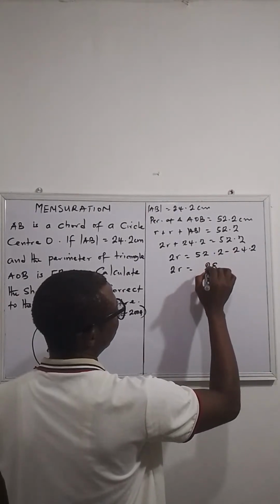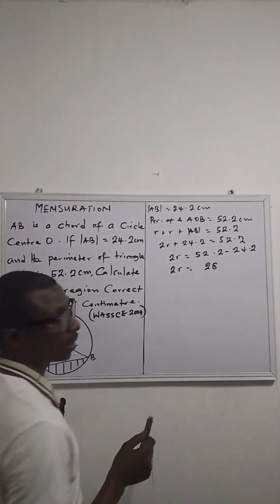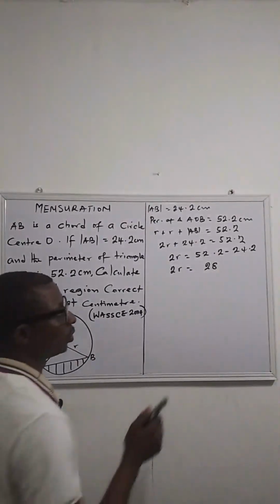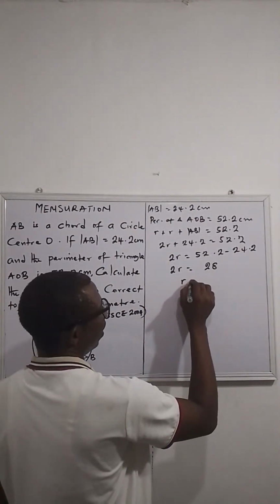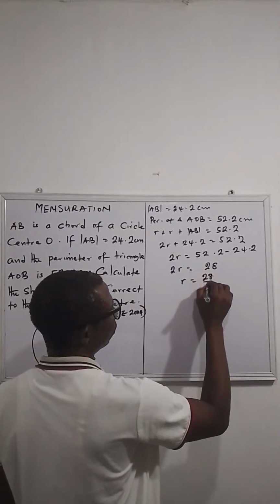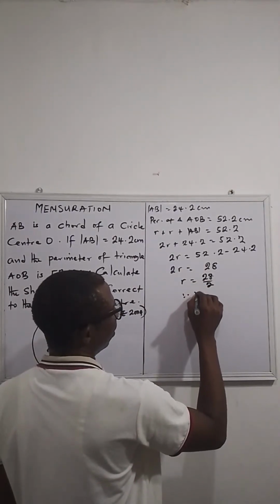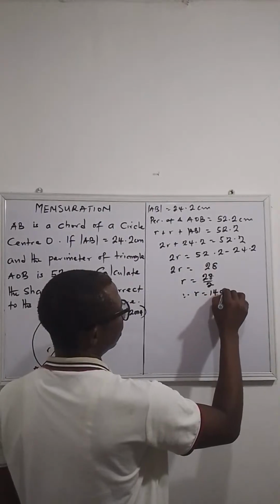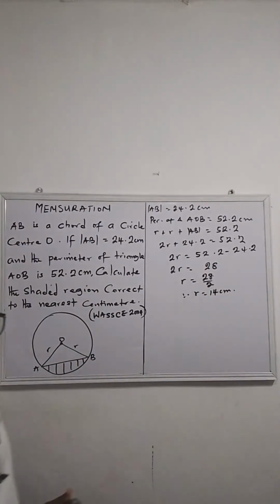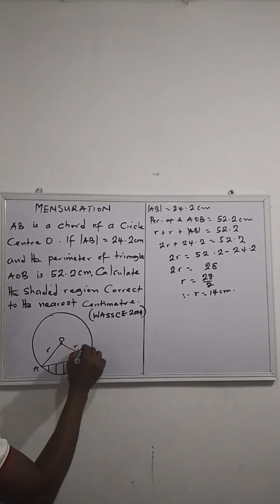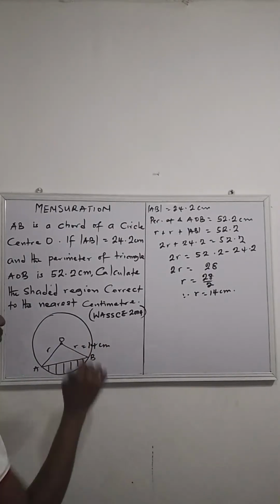So we have 28. Here you can divide both sides by 2, you have r equals 28 over 2. Therefore, r equals 14 centimeter. So now the radius here is 14 centimeter.